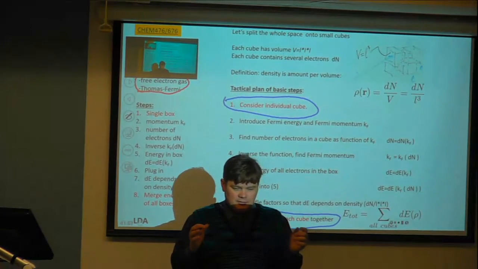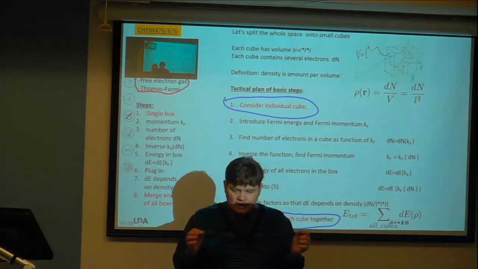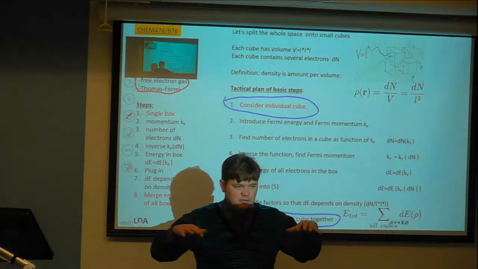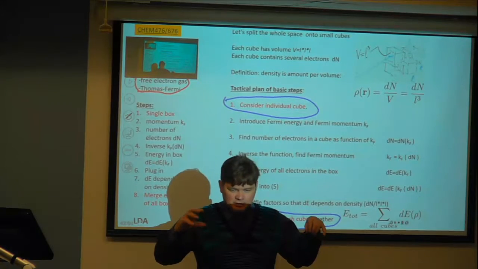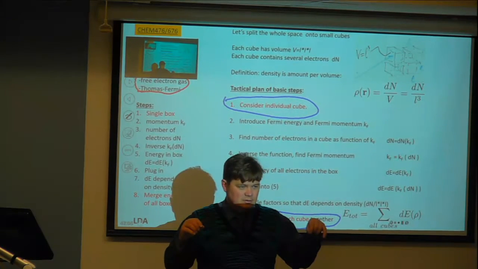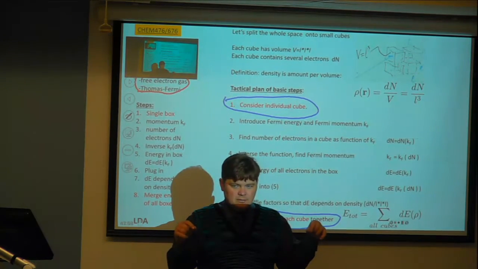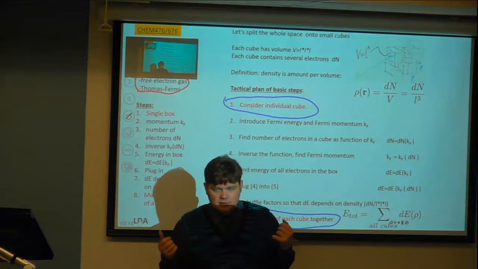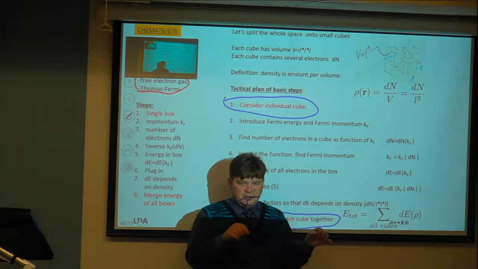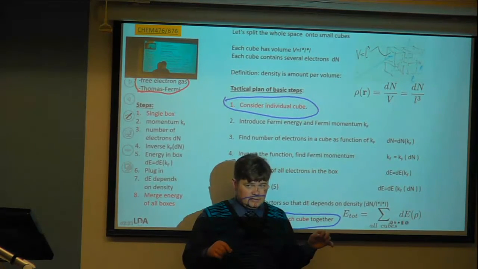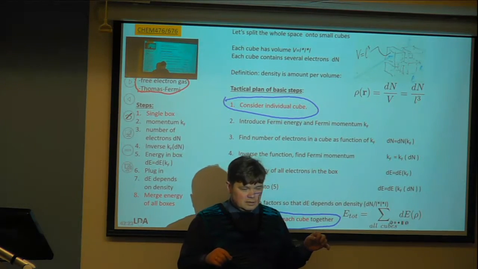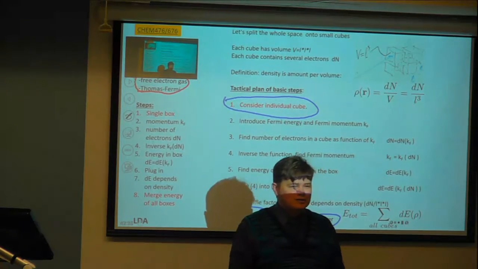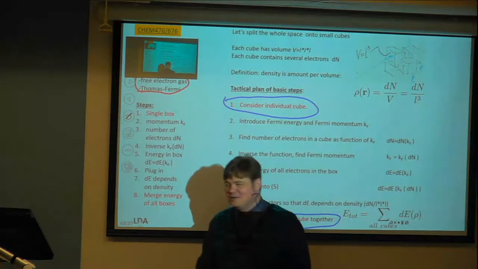But there is a way to make a connection between total energy of the universe and density of electrons. If you do it once for oversimplified stuff, later you will be able to do it for the true universe with ions and with electronic interaction. Make sense? Fortunately or unfortunately, we are not the first who are doing it.